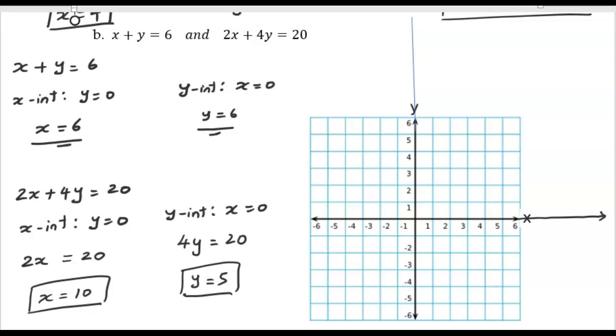So if I want to sketch my first line, I'm going to mark my 2 points, x equals 6, y equals 6. Join them with a straight line.